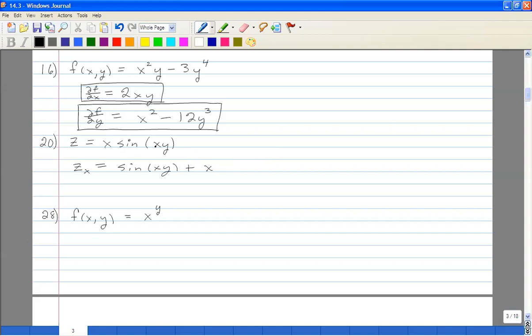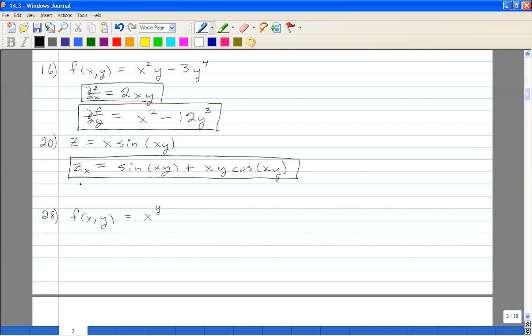The derivative of sine is cosine, evaluated at the inside, times the derivative of what's inside. The derivative of x times the constant y is the constant y. And that is your answer.